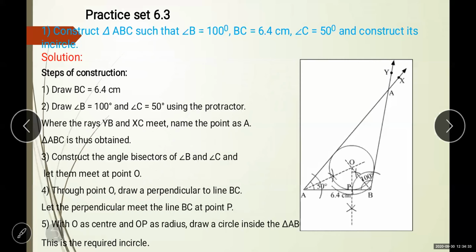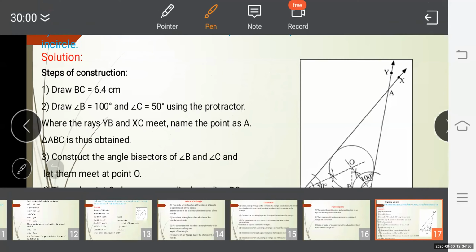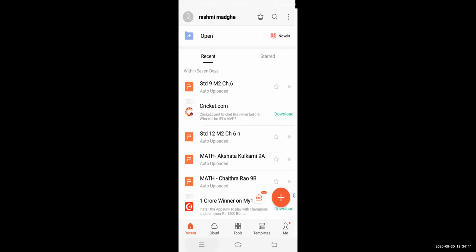Okay. Now, have you understood how to draw it? For this, again, how much of that question have you completed? Have you drawn the 6.4?